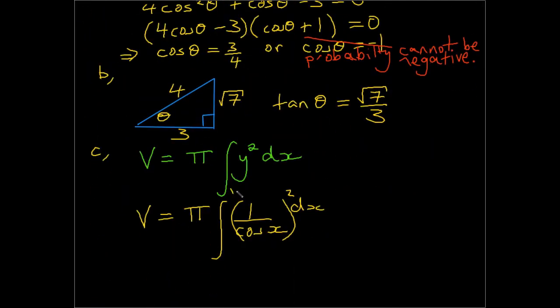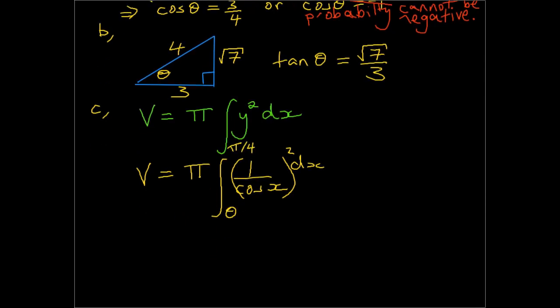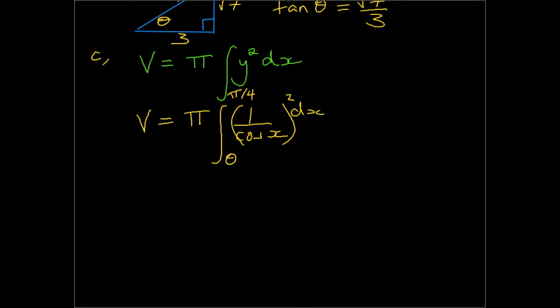So I can put the limits in here, pi over 4 and theta here. I can then simplify that: V is equal to pi multiplied by the integral of 1 over cos squared x dx between the same limits, pi over 4 and theta.